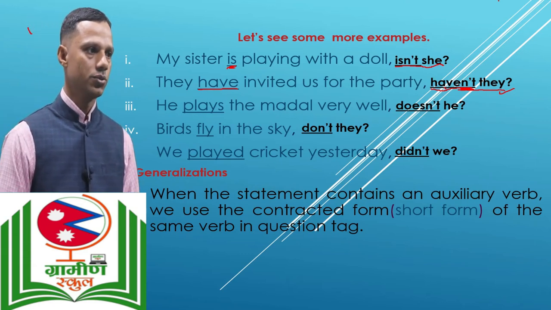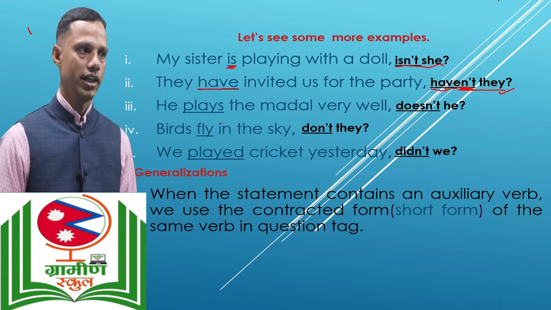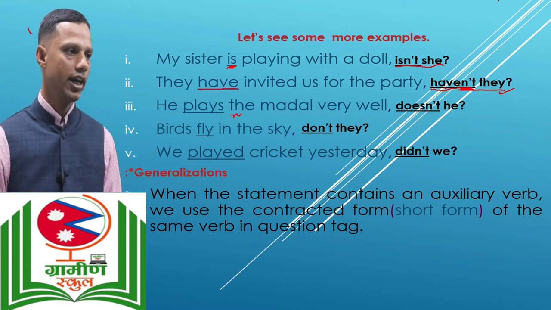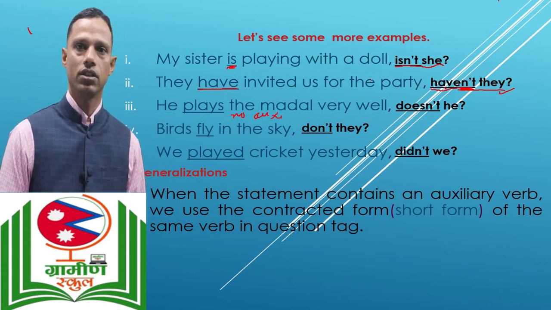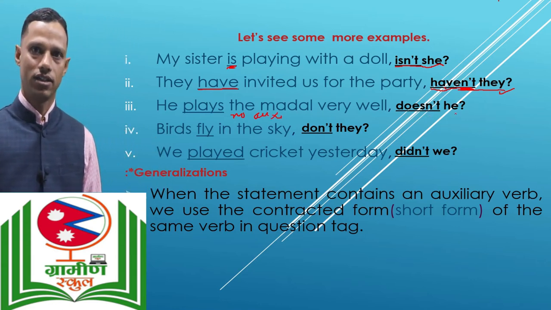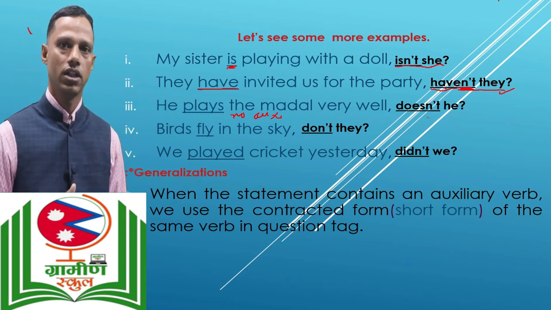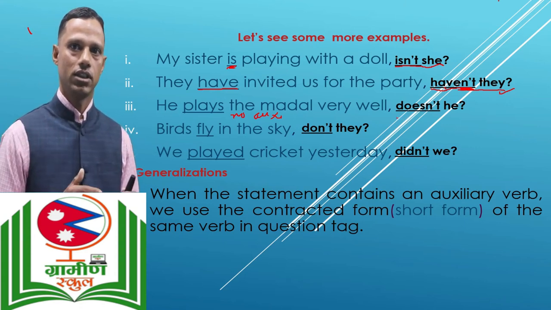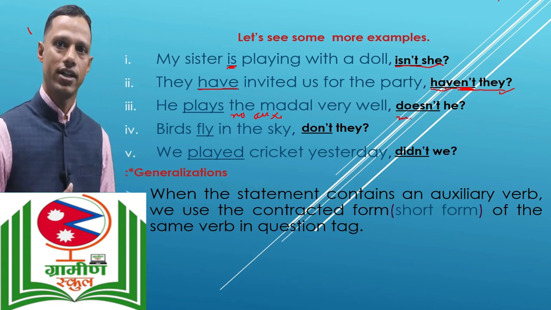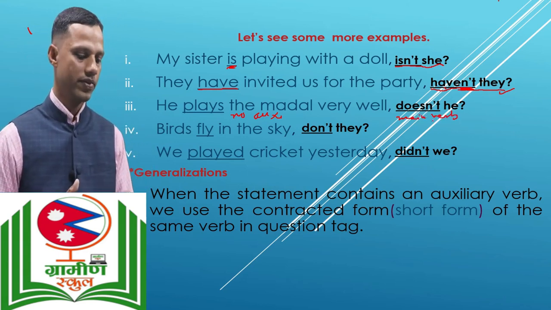Now we don't have an auxiliary verb in this sentence, right? In place of an auxiliary verb, we have a main verb. So how can we make the question tag of a statement that contains a main verb? Let's see.